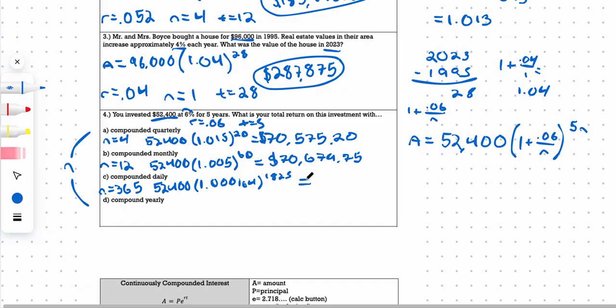So we raise 1.000164 to the 1825 power, which is going to be around 1.35 again. Also, just a tip, I've said all these are around 1.35, but they're slightly different, so make sure not to plug in 1.35 into your calculator again and then multiply that by 52,400.